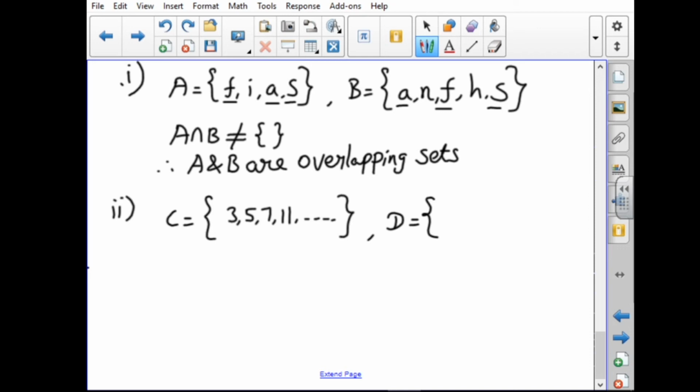We know that only 2 is an even prime number. Okay, so see the two sets, there is no common element. So C intersection D is equal to empty set. If there is no common element, it is called a disjoint set.